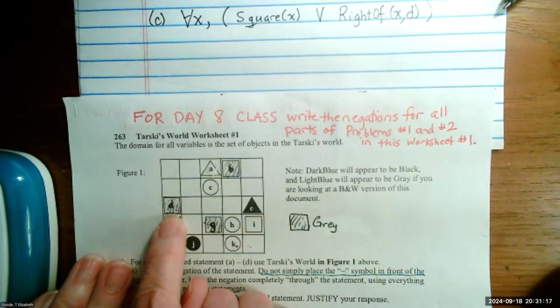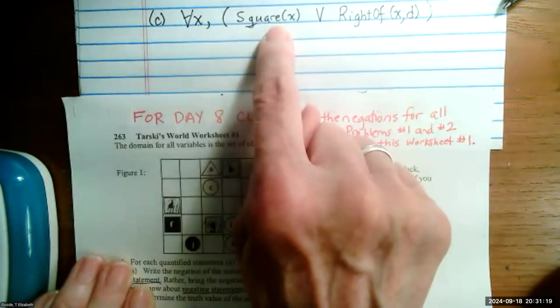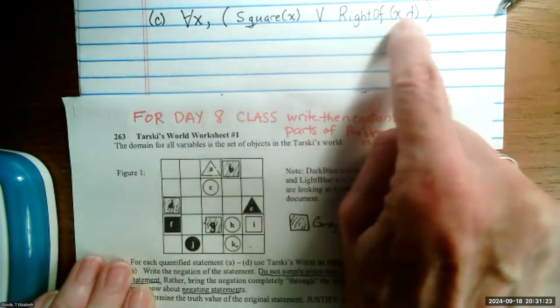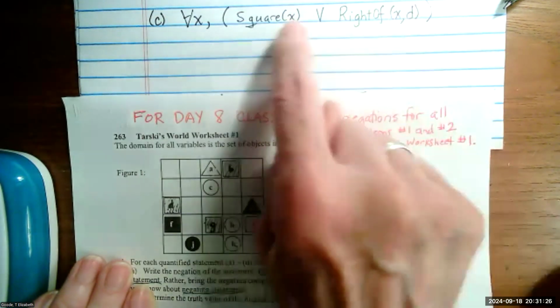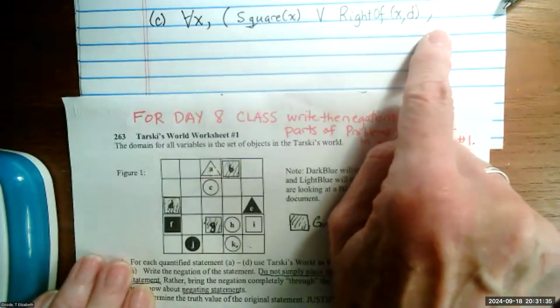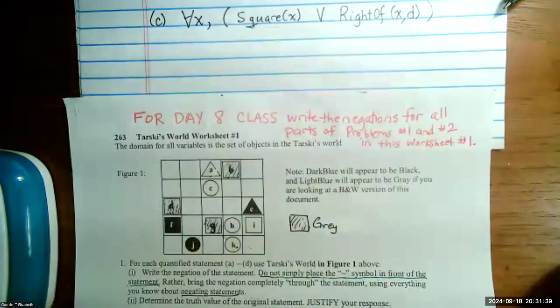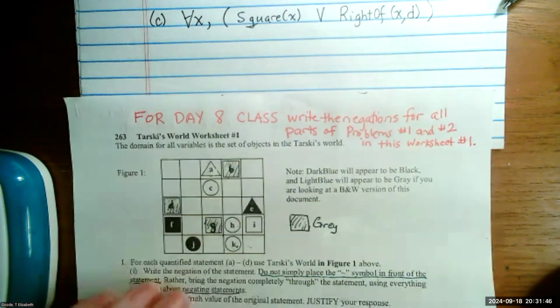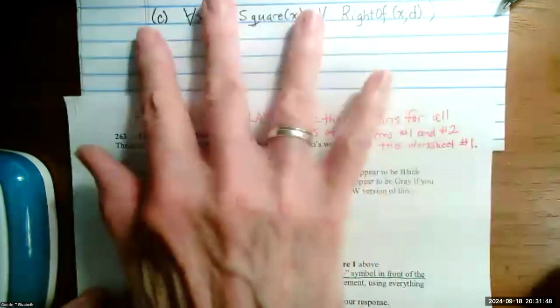D. So when X is D, we need to check square D or right of DD. Either square D has to be true or right of DD has to be true or both. So is this predicate true for X equals D? Yes. Sure. Why?